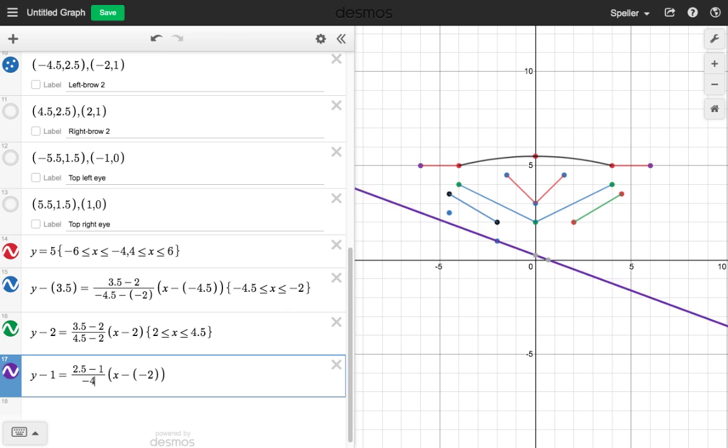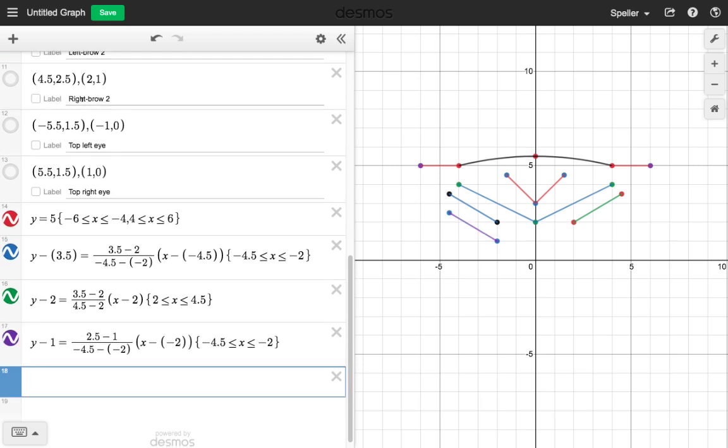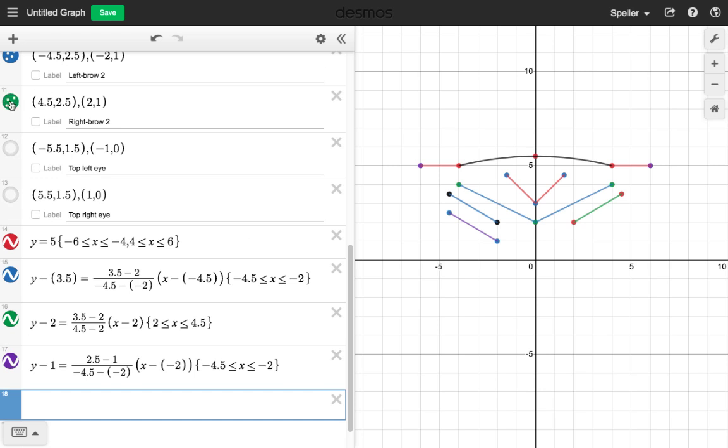So negative 4.5 minus, and in parentheses I'm going to place negative 2, and there we have that negative slope. I need to limit the domain, and this domain is going from negative 4.5 to negative 2. So negative 4.5 less than or equal to x less than or equal to negative 2.